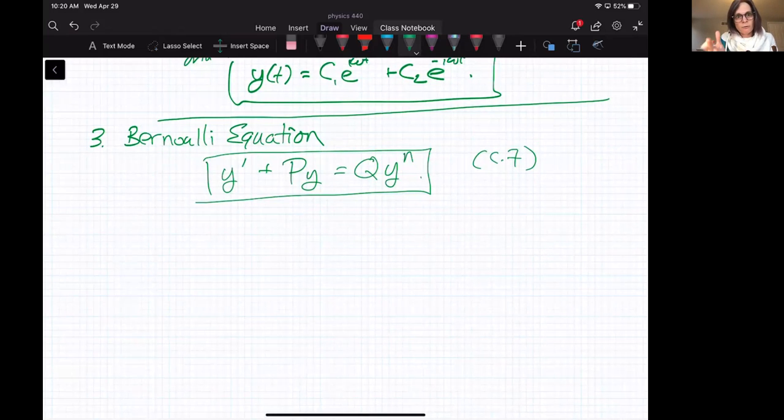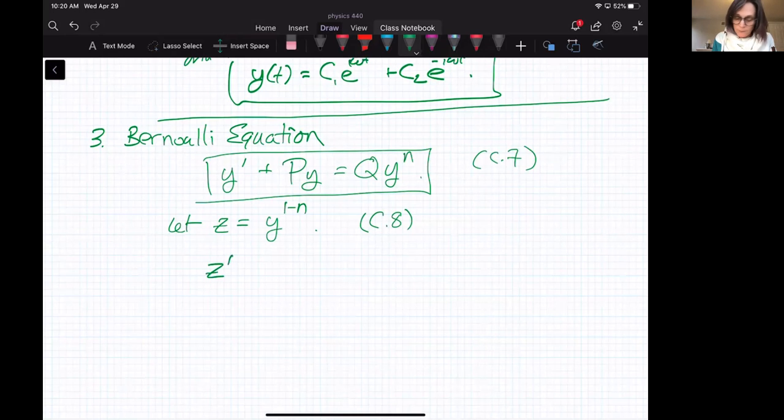But you have to be careful. Sometimes you have to change your second order equation into a first order equation. For now, let z be equal to y to the 1 minus n. We're doing this, as always, because we happen to know what the answer is going to be ahead of time, or you do if you've run into it before.